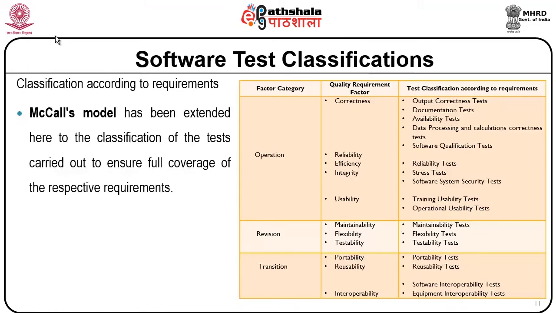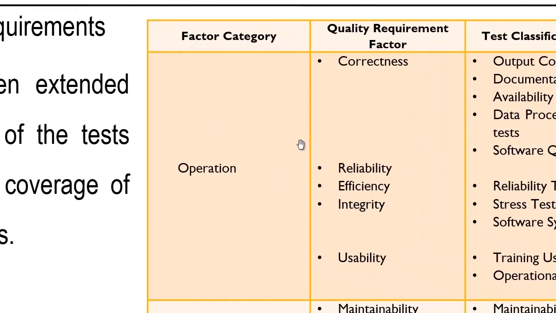Software test classifications: classification according to requirements. McCall's model has been extended here to the classification of the tests carried out to ensure full coverage of the respective requirements. Factor category: operation. Quality requirement factors: correctness, reliability, efficiency, integrity, usability.